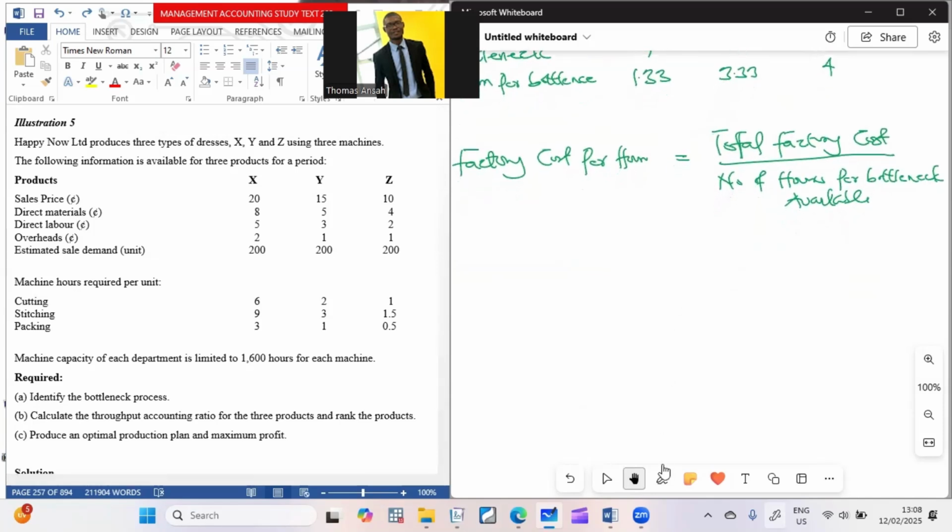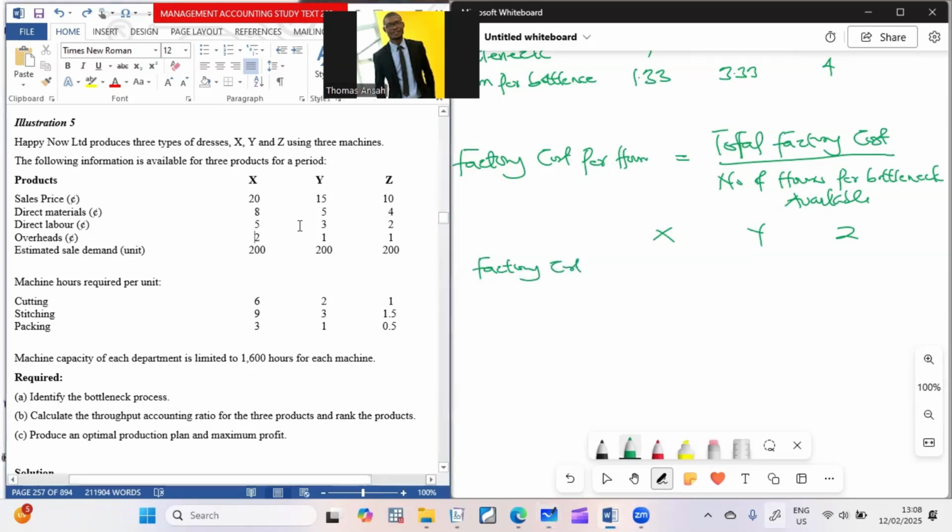Okay, so this is what we have. So once again, we have X, Y, and Z. All right. So what is the total factory cost? Now, how do we derive our total factory cost? Factory cost is given. It is not us. So if you check the factory cost, this is it.